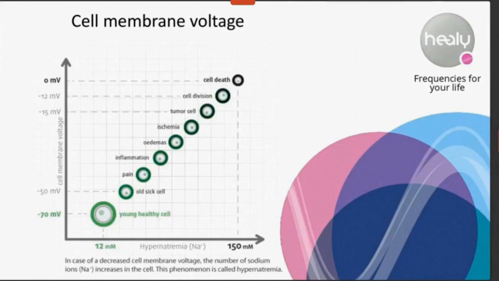So getting the proper frequencies as physical microcurrent treatment to your cells through the whole body is part of reversing that process. TimeWaver, or Healy in that sense, is actually a combination between the analysis part of the frequencies and the output. Now I was just talking about the output.